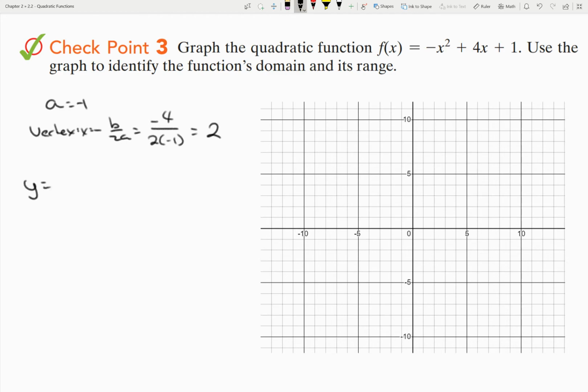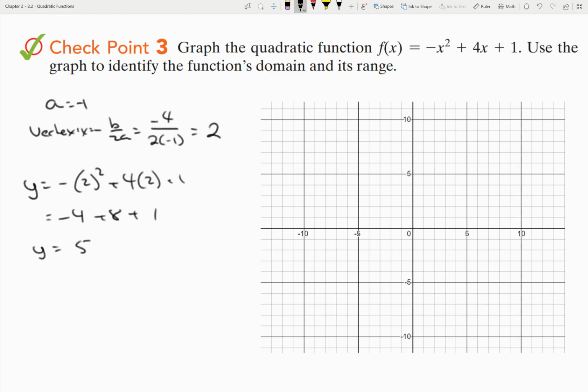That makes my y-coordinate negative 2 squared plus 4 times 2 plus 1, which would be negative 4 plus 8 plus 1. So y is going to be 5.